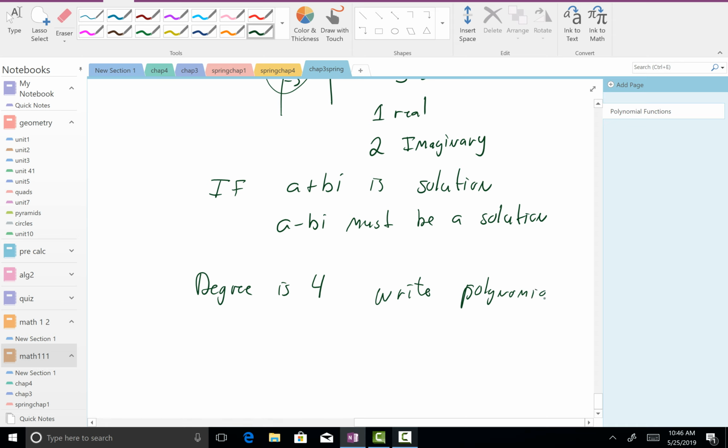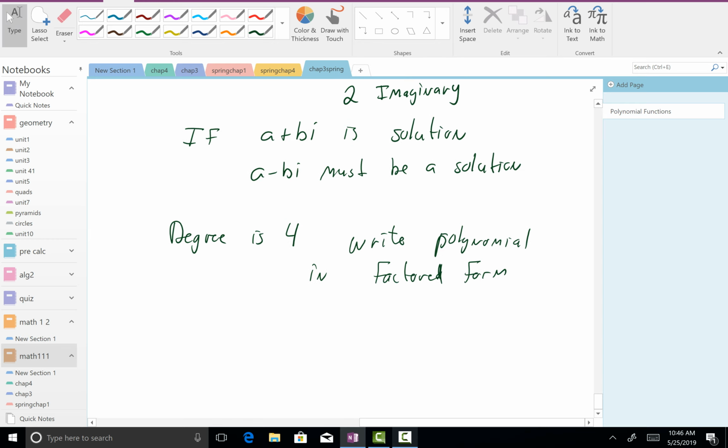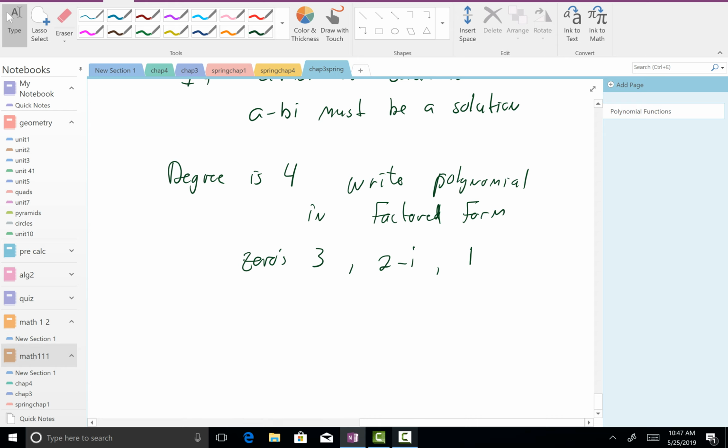And the zeros are 3 and 2 minus I and 1. Okay? So, we're missing 1, right? Because the degree is 4, and we should have 4. What's the other one have to be? 2 plus I. Yep. Because if 2 minus I is a solution, 2 plus I has to be a solution.